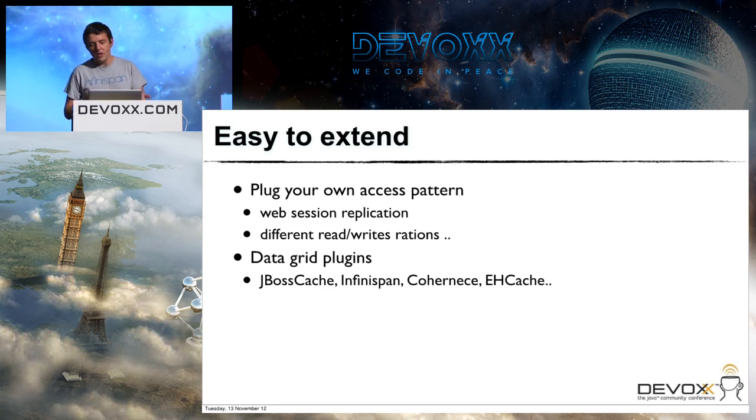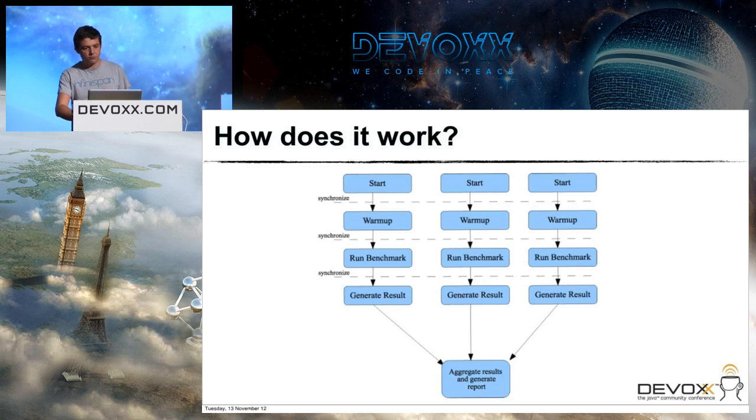So we started with JBossCache at the time, then we added Infinispan, we have Coherence, EHCache, and there are some others, but if you want to compare it with another proprietary solution, or whatever solution you consider, you can add a plugin for that as well.